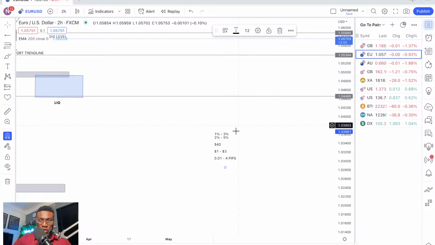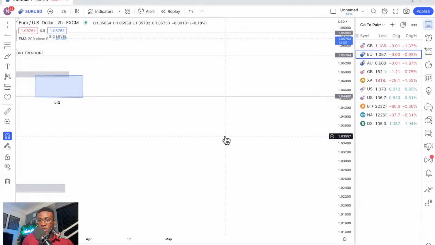So that's why you want to start with a capital that can help you utilize risk to reward, so that if you're using a 1% risk, your 1% can be $10, and that keeps you on the safe side, regardless of how volatile the market moves. And you can also use your risk appetite as something that can aid your decision for startup capital. So I hope I answered your question.